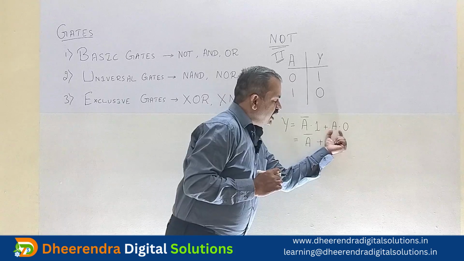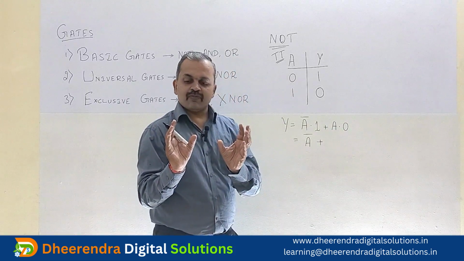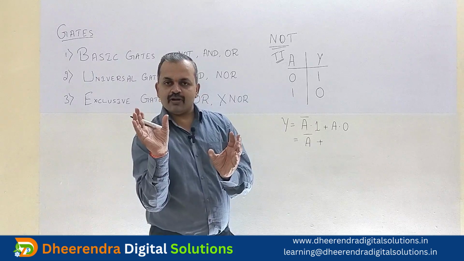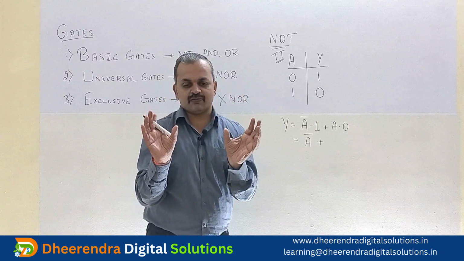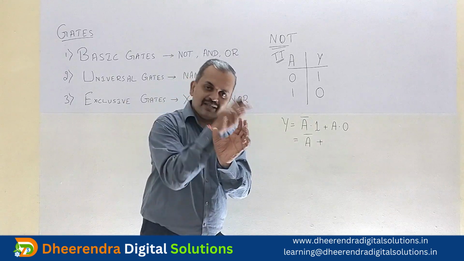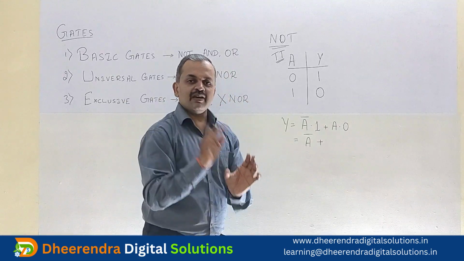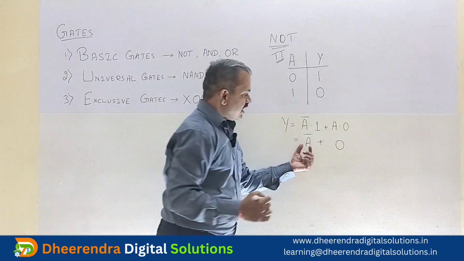Now, A dot 0. If there are two statements, wherein for one statement you are not sure whether it is true or false, whereas the other statement you are very sure that it is false, and you are using the word AND, then the entire statement will always be false. So the result is 0.